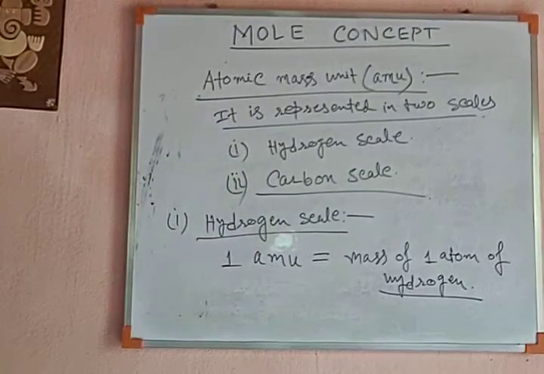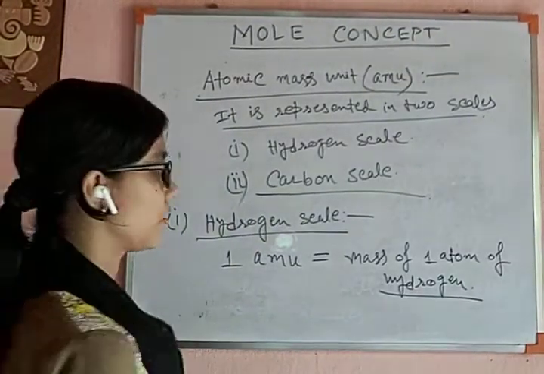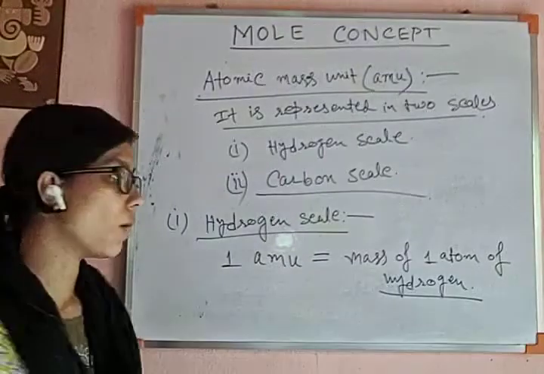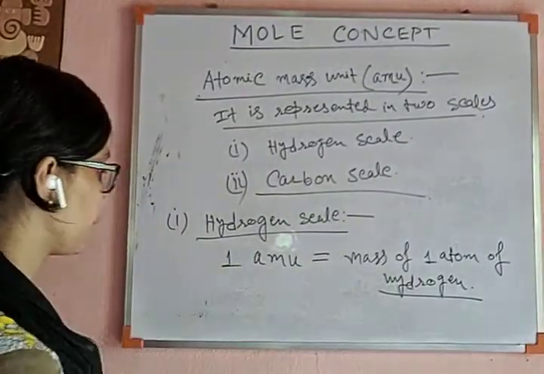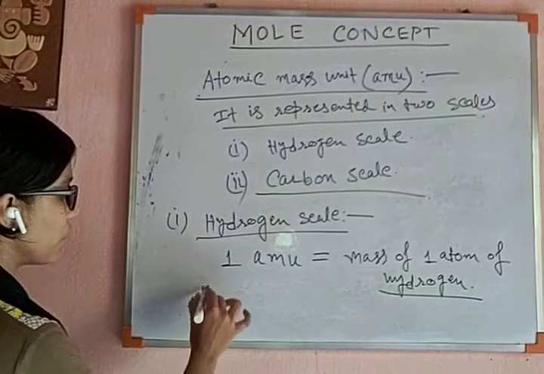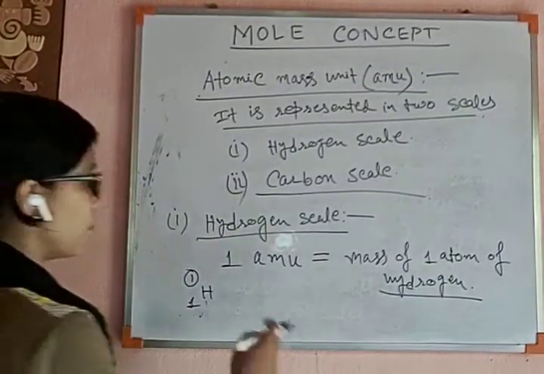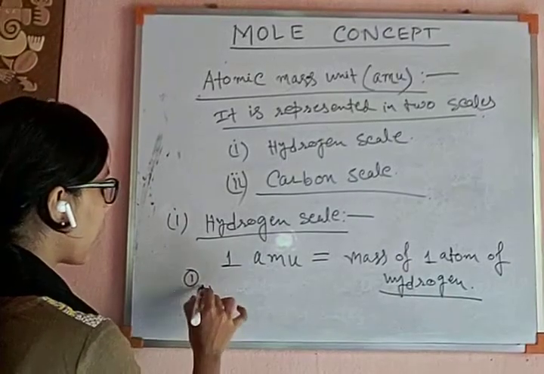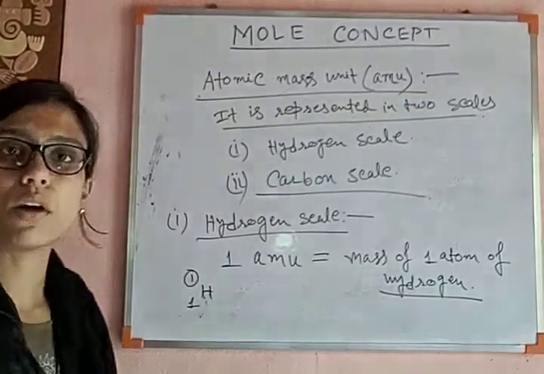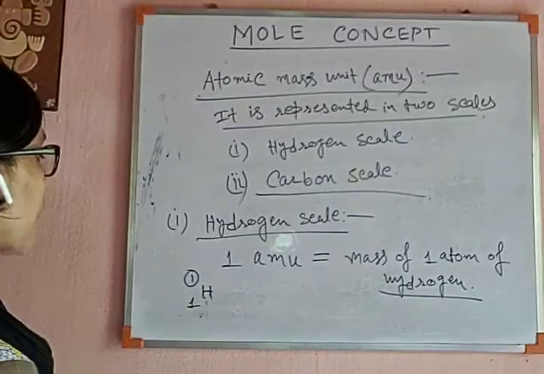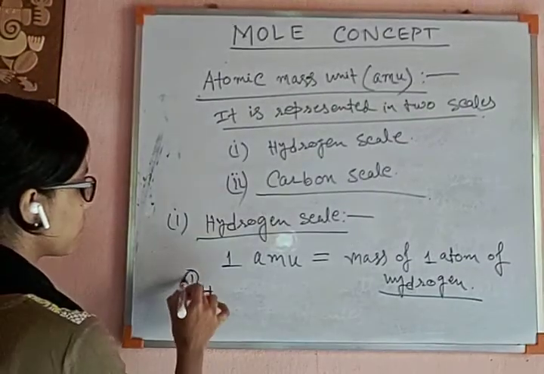Now you know the weight of one hydrogen atom. This is 1H1. For 1 gram of hydrogen atoms, that is for Avogadro's number of atoms, the mass is 1 gram.